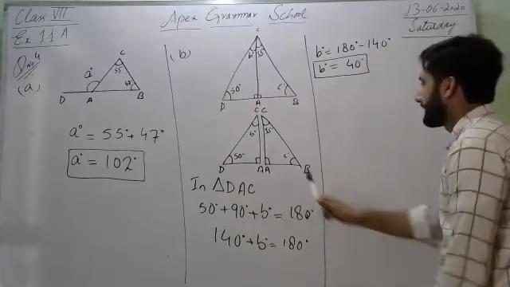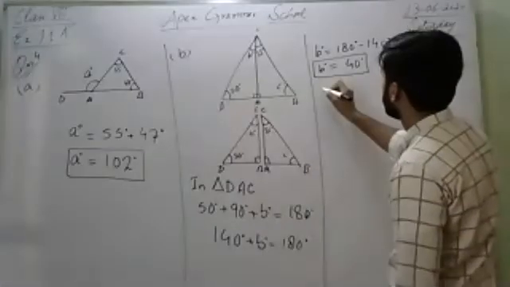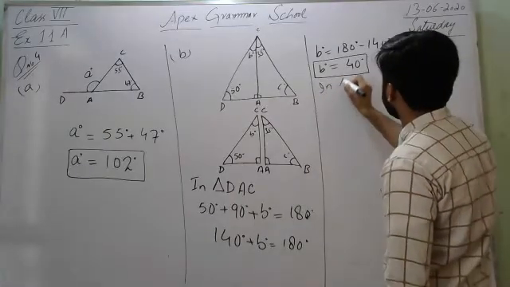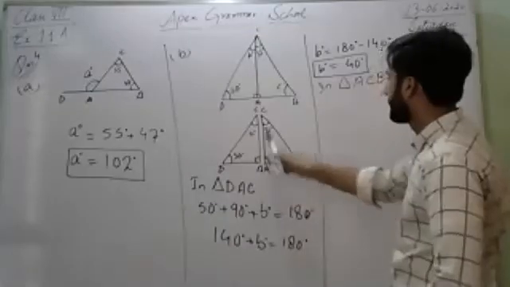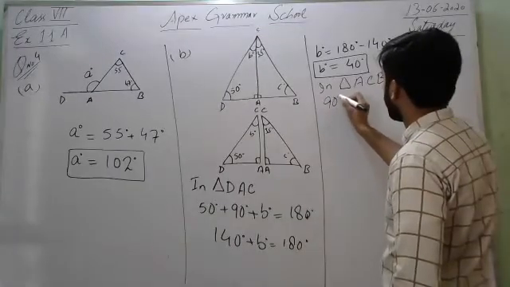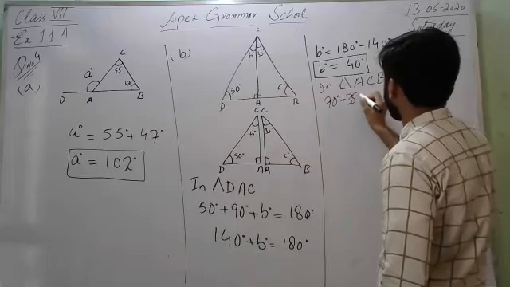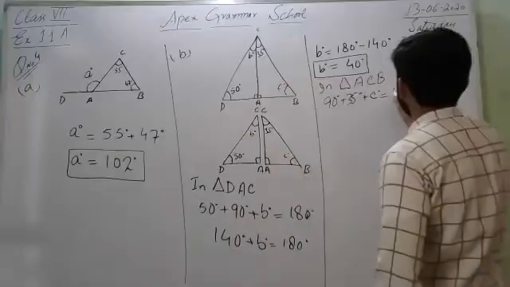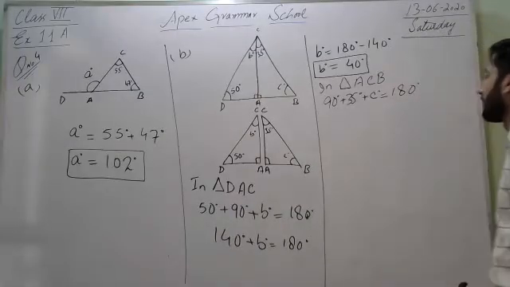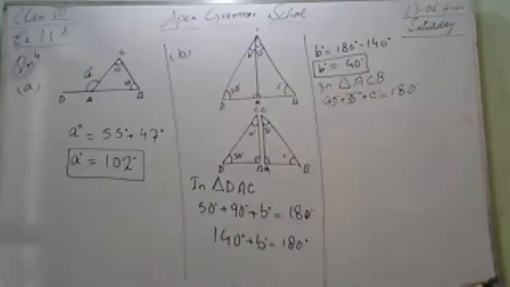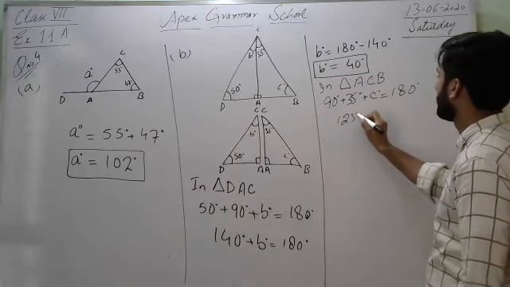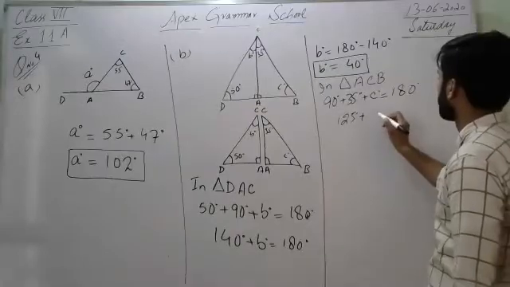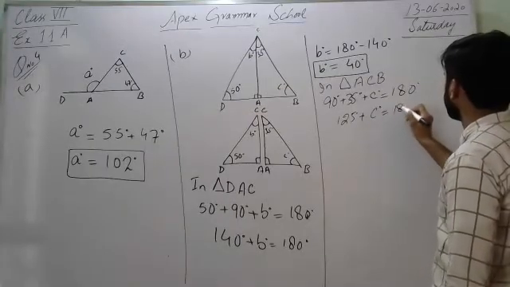Next triangle is A, C, B. In triangle A, C, B, 90 degree plus 35 degree plus C degree equals once again 180 degree, because it's the sum of three interior angles of a triangle. 90 plus 35 is 125 degree plus C degree equals 180 degree.